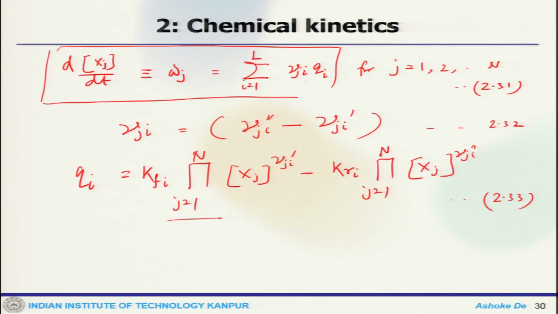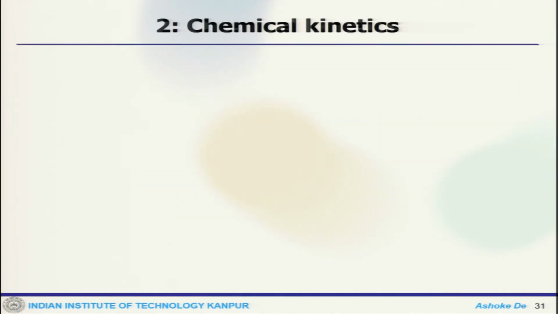Now, we can see how these generic things actually work. For example, you take q I equals q 1 for R 1.